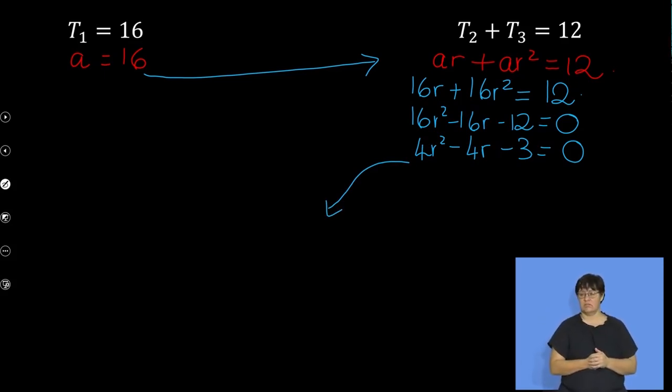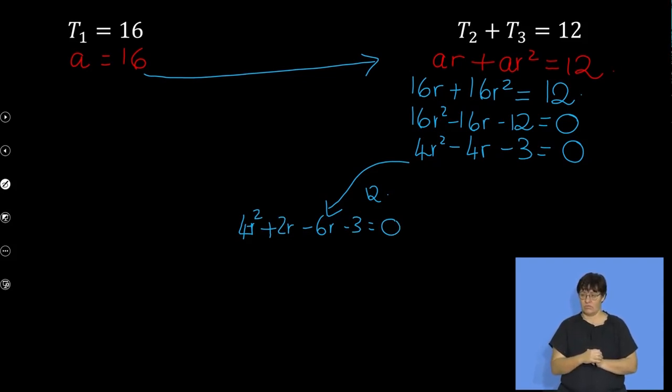I now need to factorize this trinomial. I need the factors of 12 that can help me create negative 4. So I'm going to use the factors of 6 and 2. So I'm going to have 4R squared plus 2R minus 6R minus 3 is equal to 0.